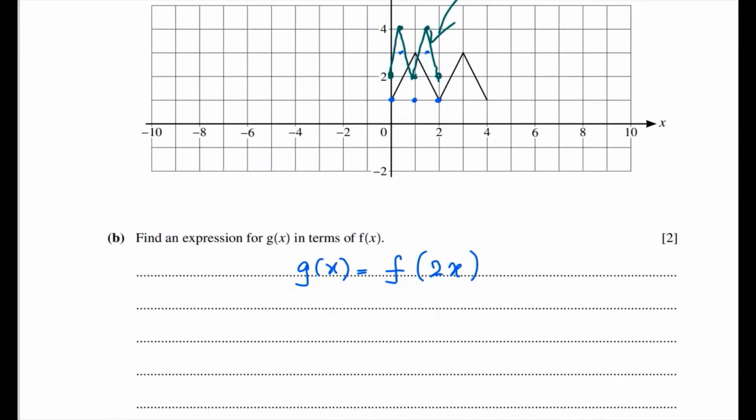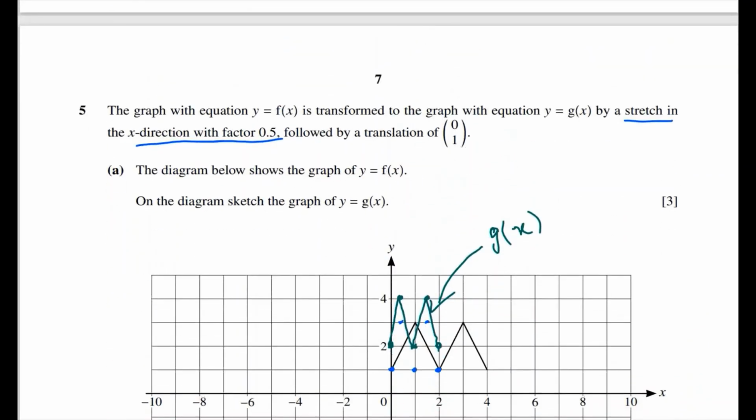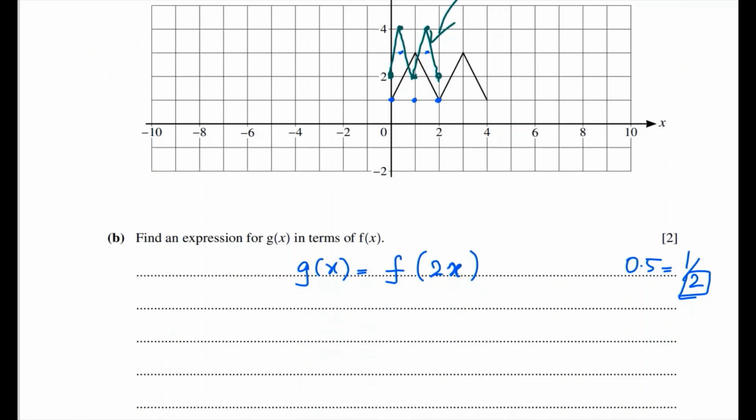So 0.5 is the factor. It can be written as 1 over 2. So you'll write the 2 as the coefficient of x here. So we will write f of 2x. And next we are doing a translation along the y-axis, so it is plus 1.